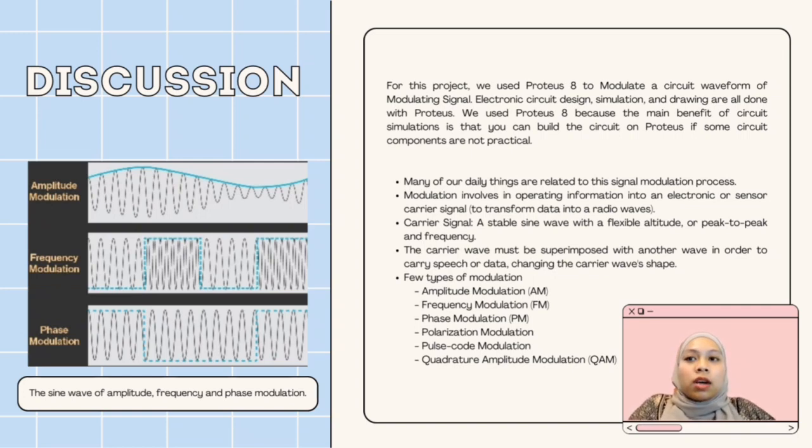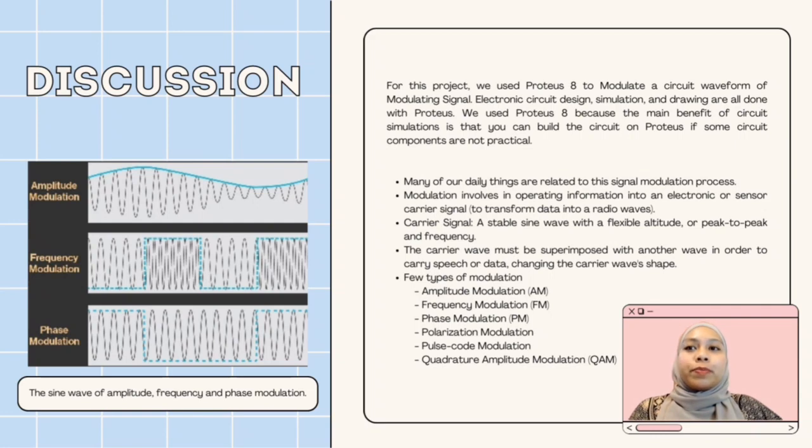So there are a few types of modulation. The first one is amplitude modulation, then frequency modulation, phase modulation, polarization modulation, pulse code modulation, and quadrature amplitude modulation.